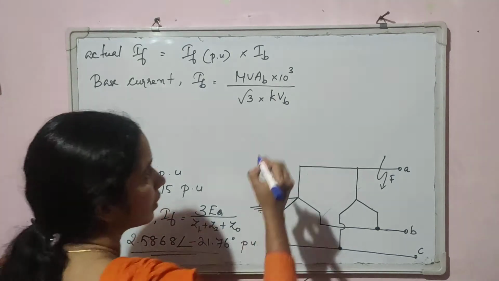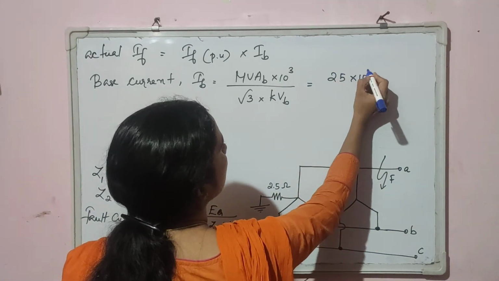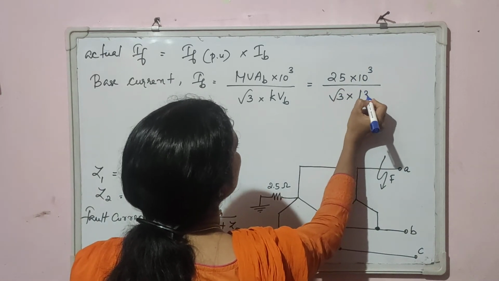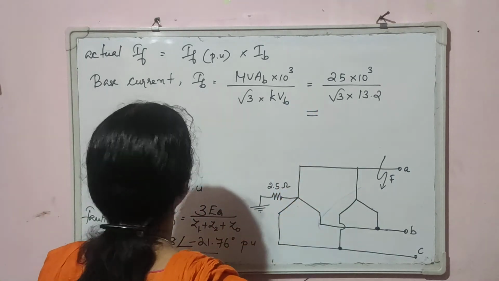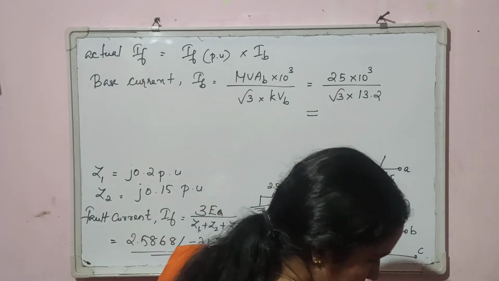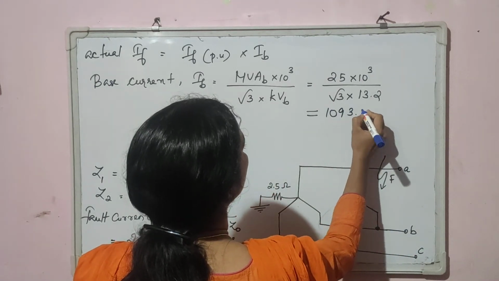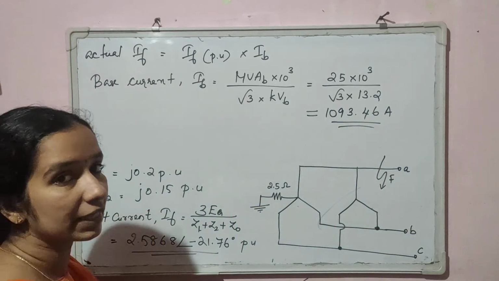Okay. So here we have MVA rating as 25 into 10 raised to 3 divided by root 3 into base kV is 13.2. On solving, we will get the value of base current as 1093.46 ampere. So this is the value of base current.